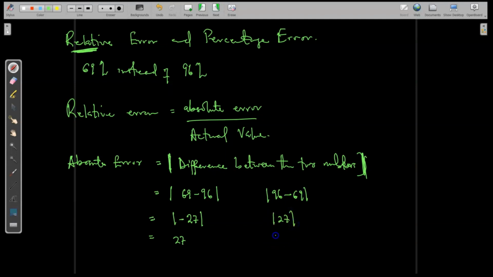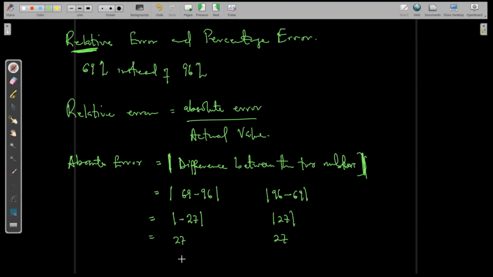And the final answer is still going to give us 27. So when we consider the concept of absolute error, it doesn't always refer to whether it is the largest number minus the smallest number or the smallest number minus the largest number. All that you need to do is to put it in the absolute sign. And the absolute sign will just change any negative number you obtain to a positive number. Please, am I clear?